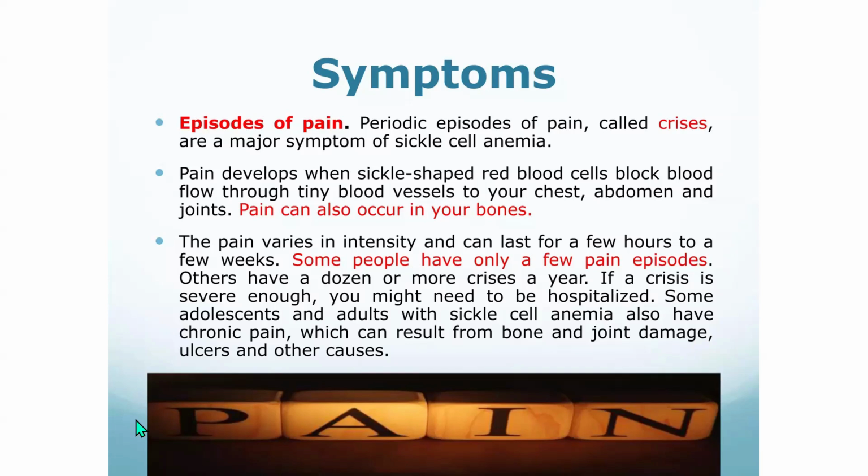So you see, because of that low oxygen delivery, red blood cells are blocked. Oxygen is not delivered to the chest, the abdomen and joints, and of course, there will be crisis because there is no energy there. And that is why a lot of these crises occur.